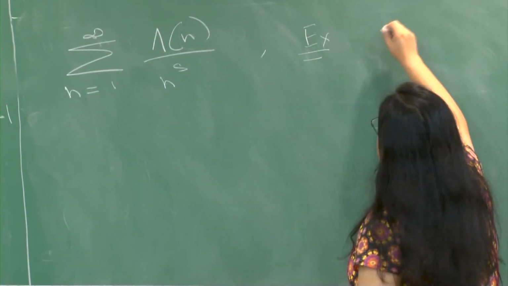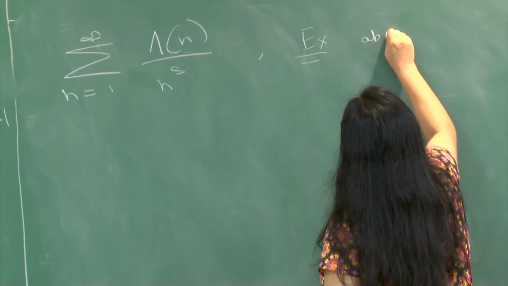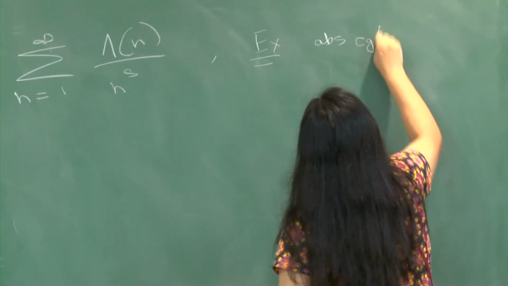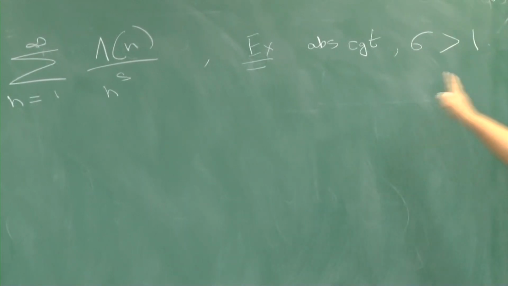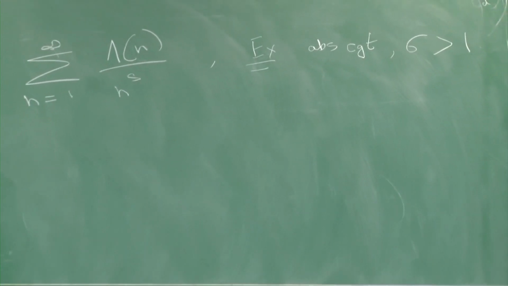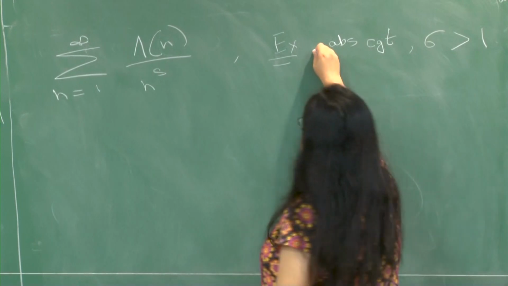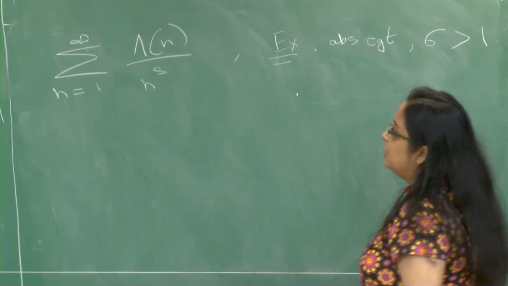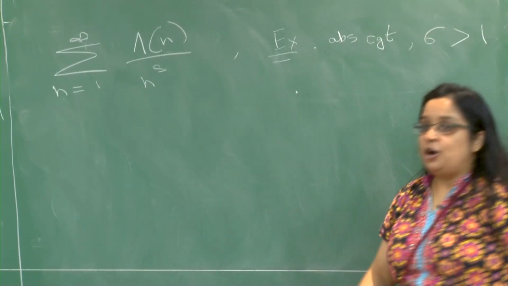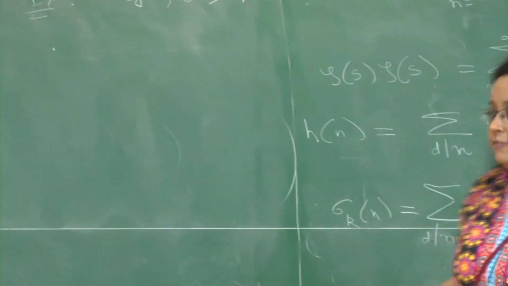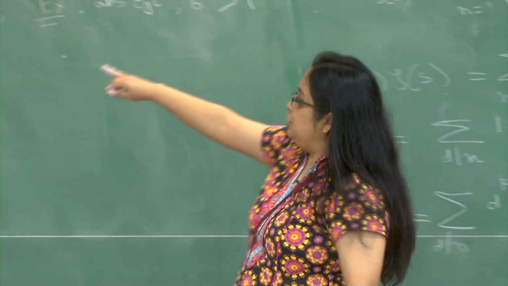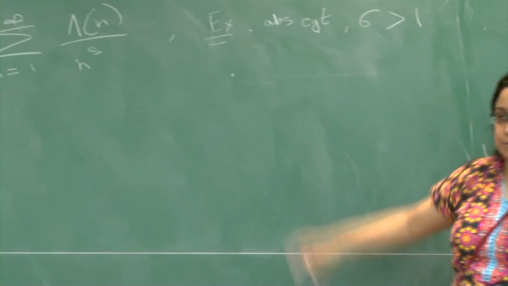This series is absolutely convergent when real part of s is greater than 1. Okay. And the next thing I would like you to think about is this lambda of n, is it a multiplicative function? If it is a multiplicative function, can you write out the Euler product formula?